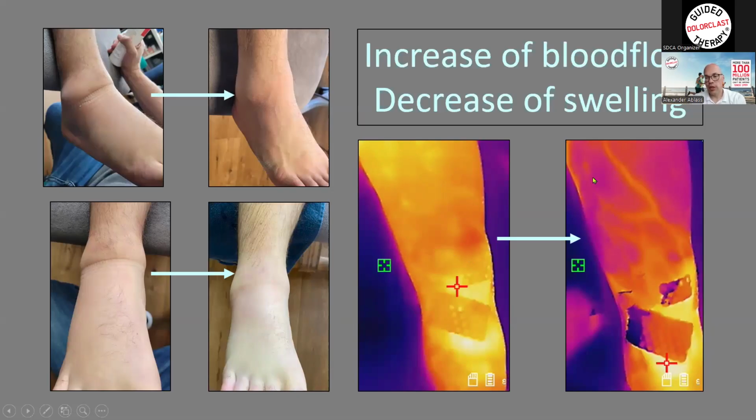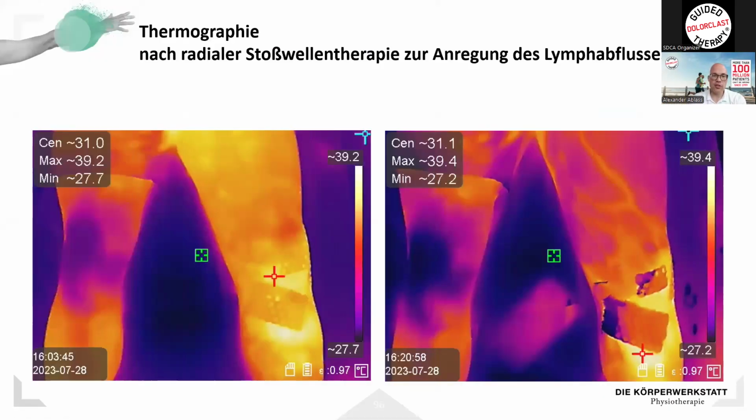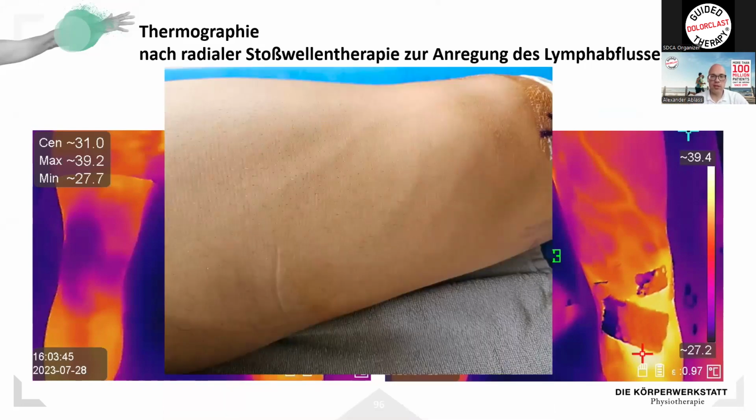Of course, the cooling in this area comes because of gel and of transportation, of course, but the most important thing is you can see how the blood vessels start to get activated. Another picture just to prove it a bit more. Also here you can see more active blood vessels, and you can even see them how they start to work.